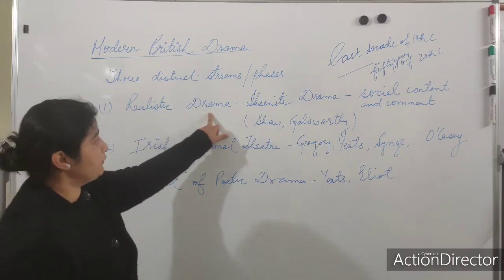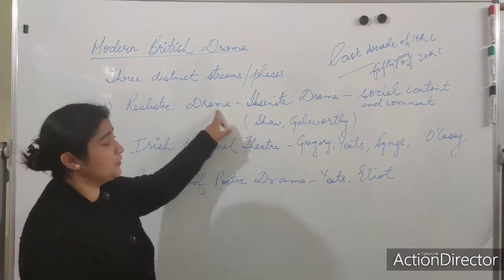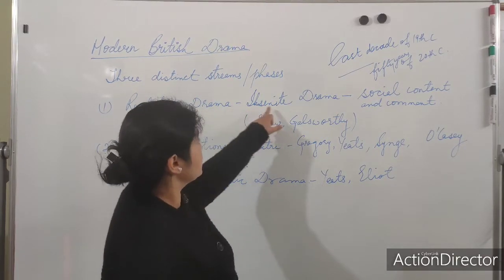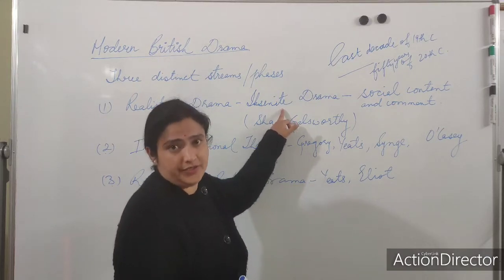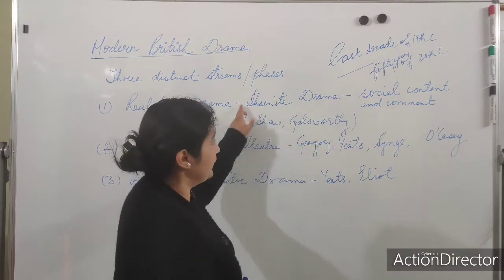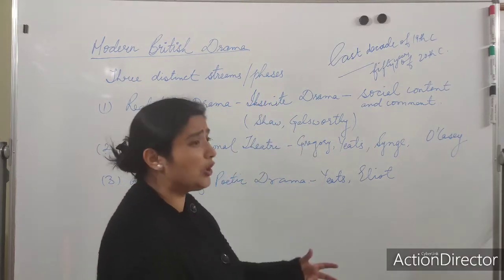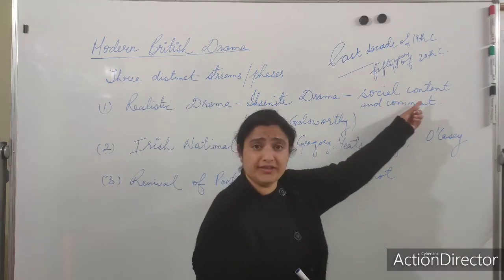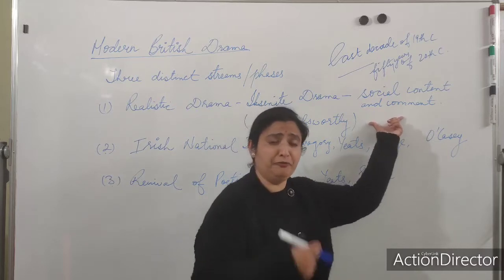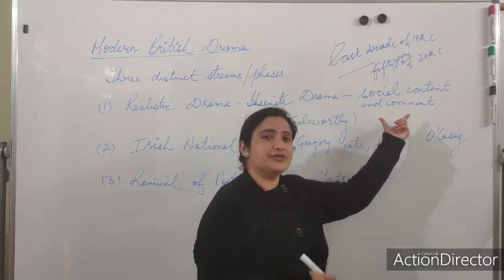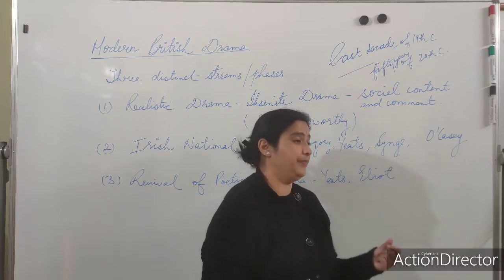So the first one was realistic drama, which was of course started by Henrik Ibsen, and that is why it was also called Ibsenite drama, right, from Henrik Ibsen. And of course the major concentration of the play was the social content and the social comment. It focused on the problems which existed in the society of that time.